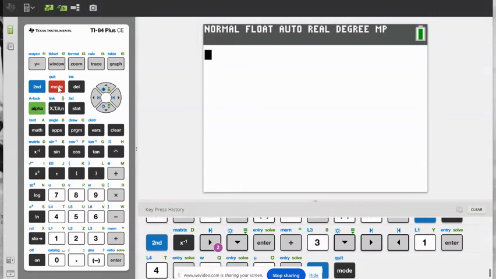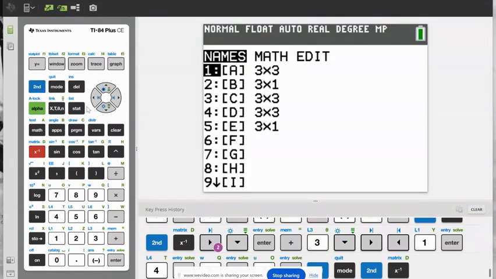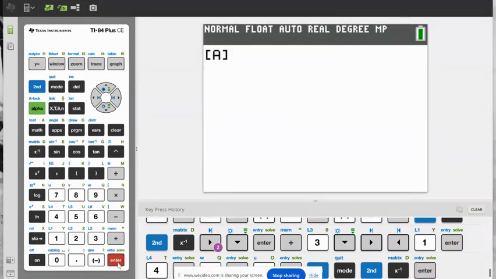All right, so now that the matrices have been entered and saved, I want to pull my first matrix, which is matrix A. So second matrix, I'm just going to pull matrix A, press enter. But now remember, I don't want matrix A. What do I want from matrix A? I want its inverse. The way you get the inverse is you just press, see that button that says x to the negative first power?